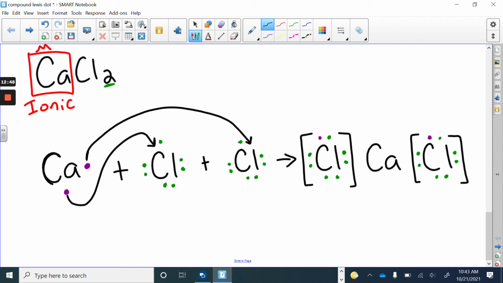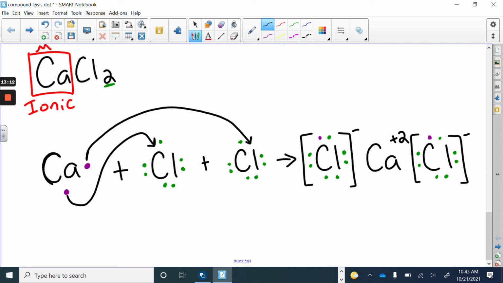Since it gained an electron and it's negative, that means it'll have a -1 charge. That would be both chlorines. Calcium, however, lost 2 electrons. So since it lost electrons, it becomes more positive, and it's going to be a +2. And that is the Lewis dot structure for calcium chloride.